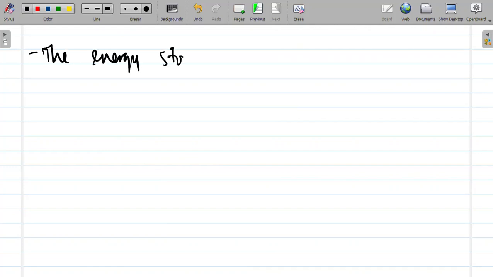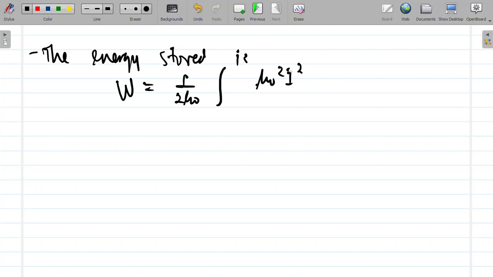So, the energy stored is given by 1/2 mu naught integral of mu naught squared I squared over 2 pi squared S squared d cube x. But class, the d cube x in cylindrical coordinates is SDS d phi dz.